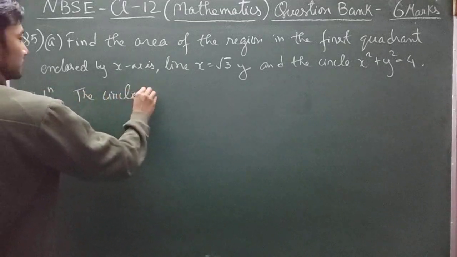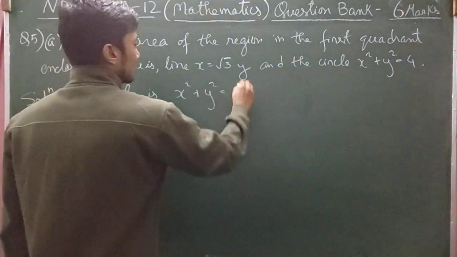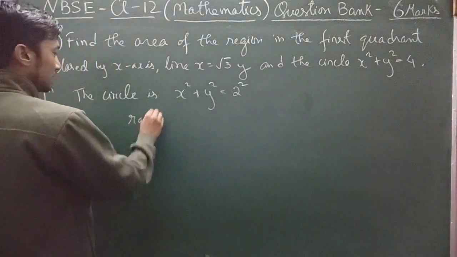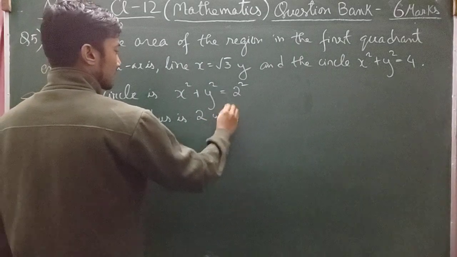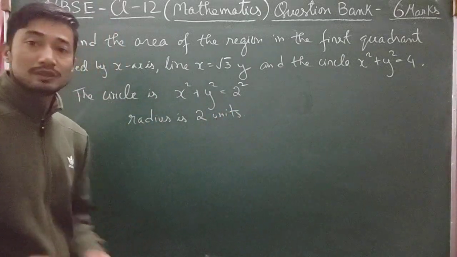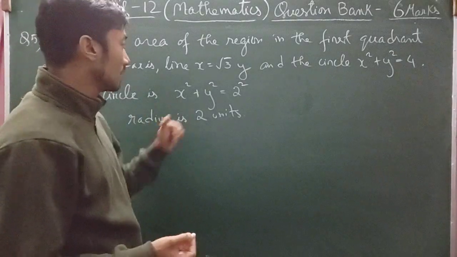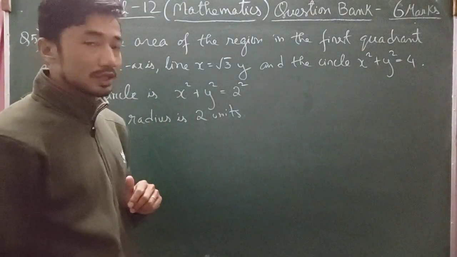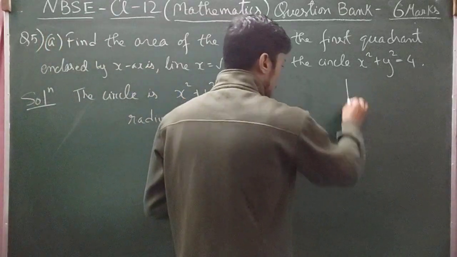The circle is x square plus y square equal to 2 square, so the radius is 2 units, from the equation of a circle x square plus y square equal to r square with center at the origin. I guess those basics are known to you.